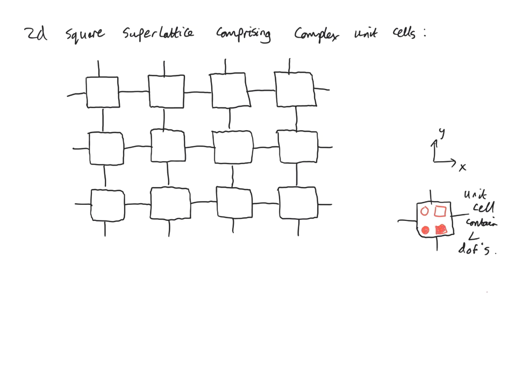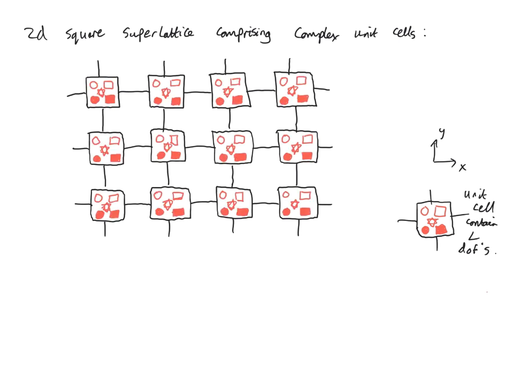Let's distinguish these things a little bit, make them different degrees of freedom. For good measure, let's put something in the middle. And these things are now repeating throughout the lattice. So this thing inside this unit cell does not have to be itself a square lattice. It's just some arbitrary thing with L degrees of freedom. So now I can tile the lattice with these things. And so I'd end up with something like this on the lattice. The question is, what is the Hamiltonian for such a system?